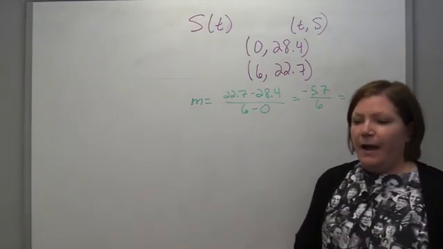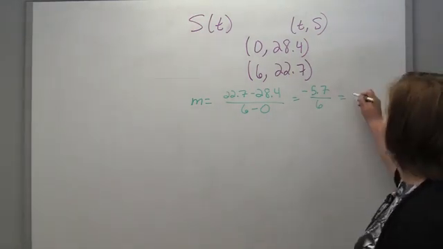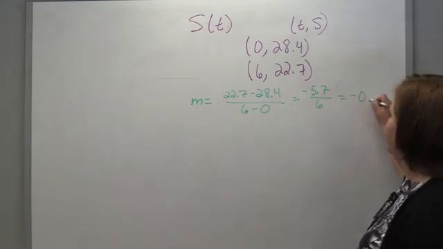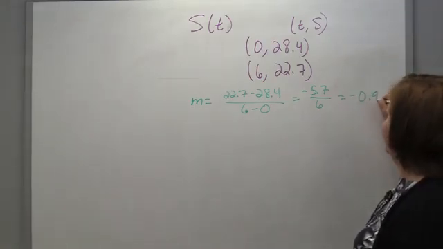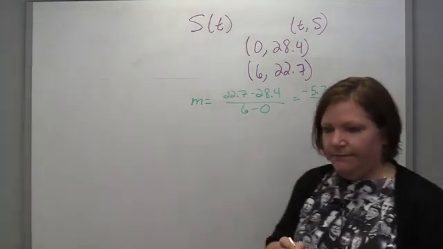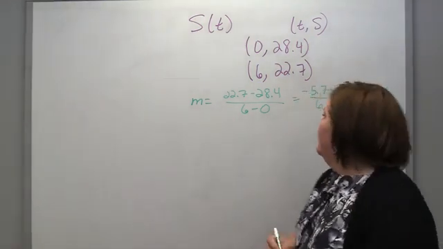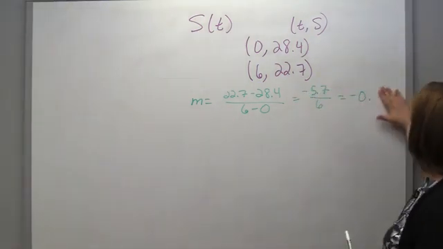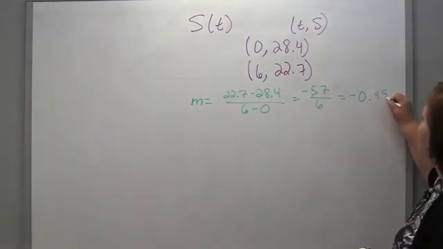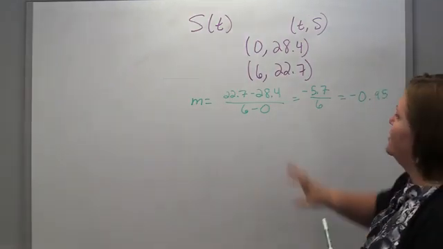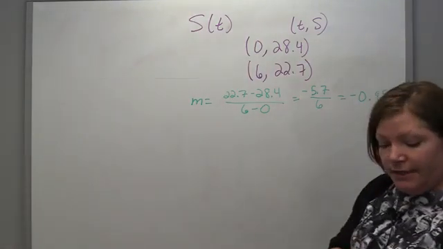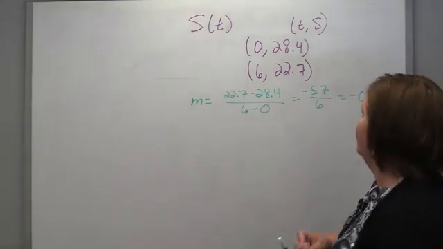which with some scrap paper or some technology, we have negative 0.95. So that's our slope. The good news is they gave us the y-intercept.